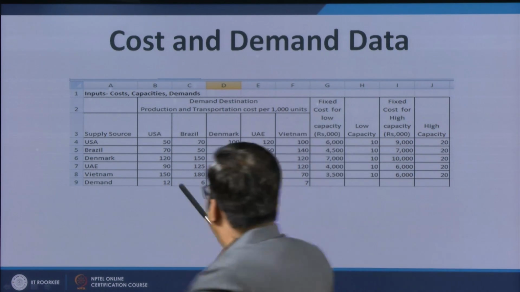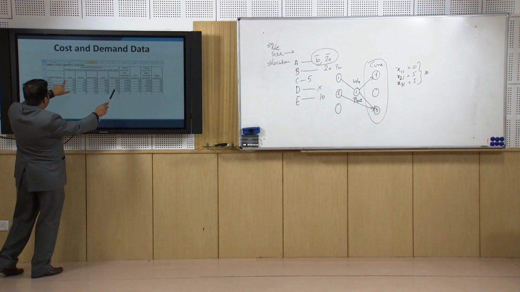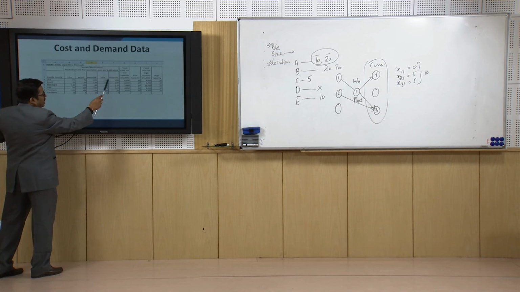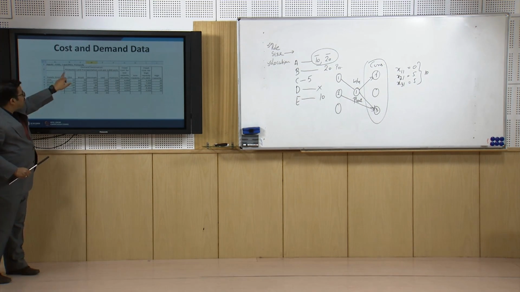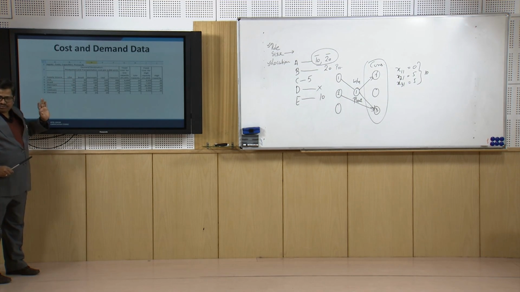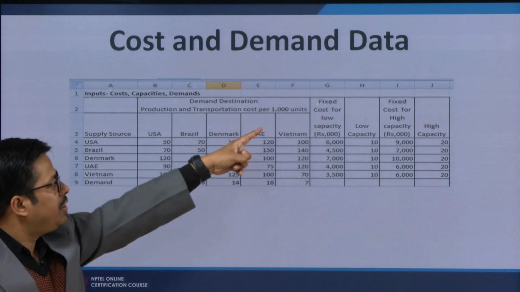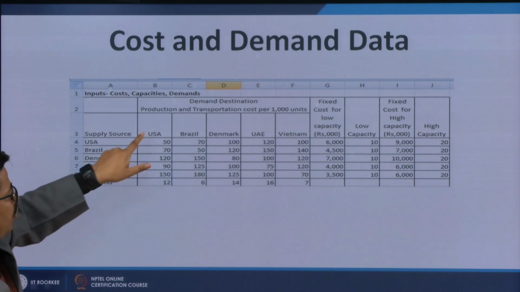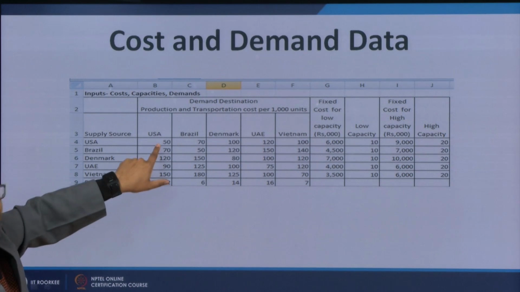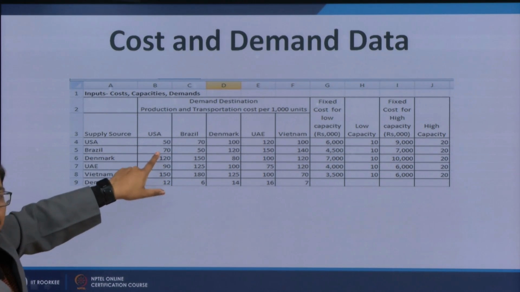Now, coming to this data from B4 to F8, this data is the cost of transportation and production. If I am producing 1000 units, the cost of production and supplying 1000 units from USA to USA is 50 rupees. Then from Brazil to USA it is 70 rupees.